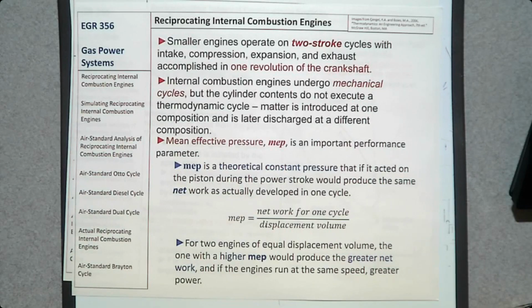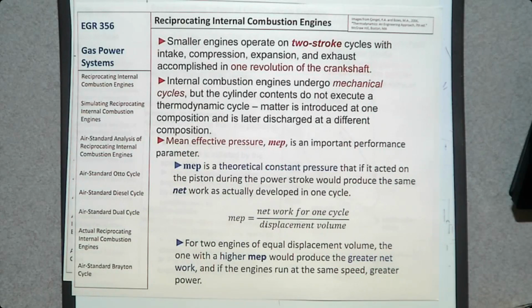And one of the important performance parameters is called mean effective pressure. Mean effective pressure can be determined by the net work divided by displacement volume. The higher mean effective pressure would produce the greater net work for the same displacement volume.